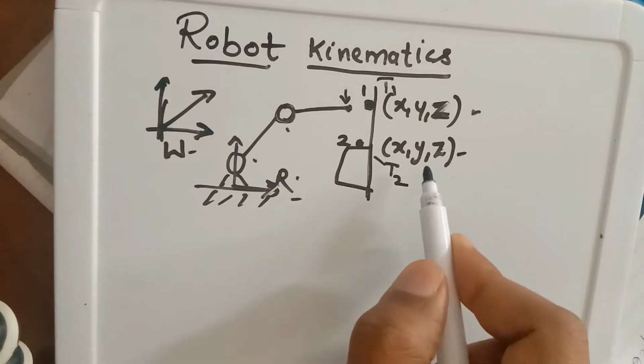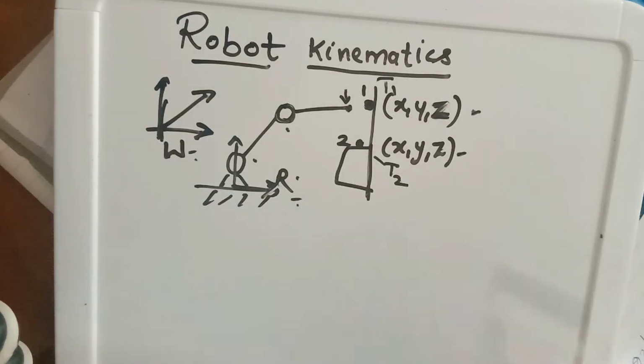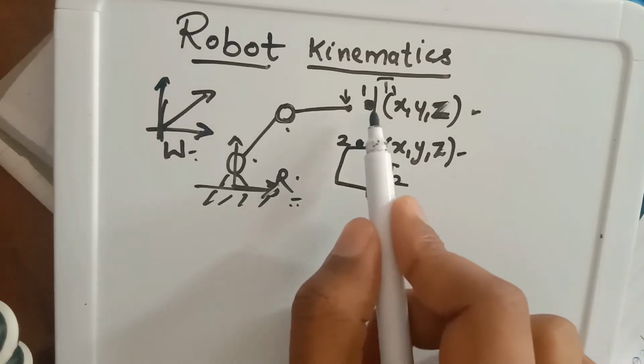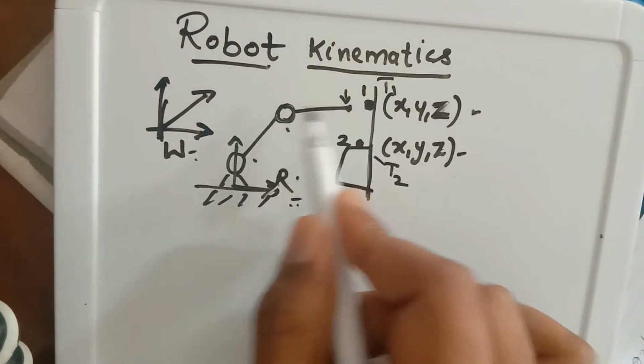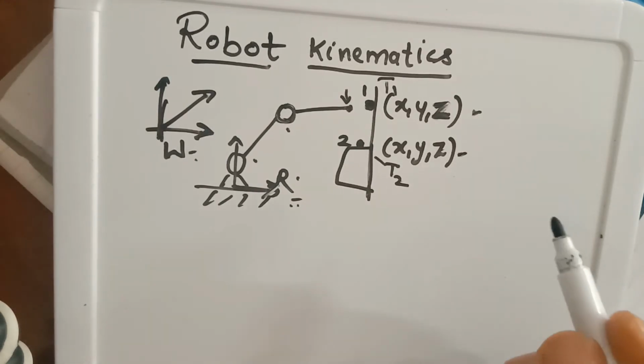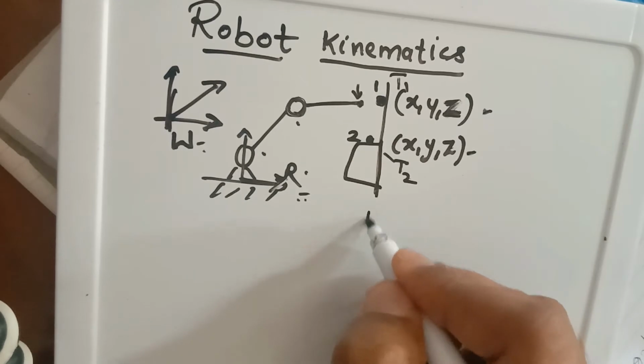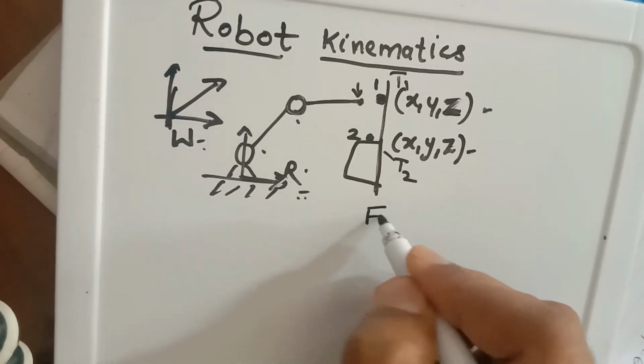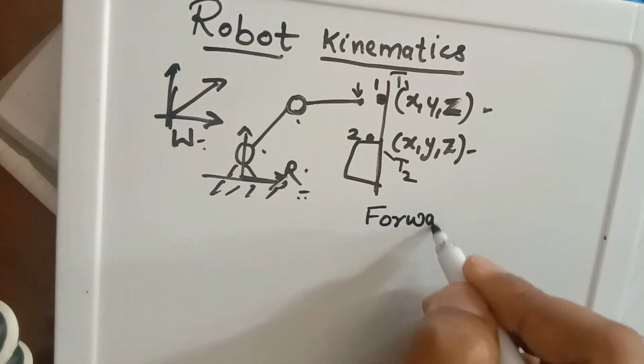For example, the transformation from the world frame to the robot frame is achieved using something called a homogeneous transformation matrix, and the joint angles are determined using something known as inverse kinematics, right? So we could have forward kinematics and inverse kinematics, and these are the topics that we are going to study first.